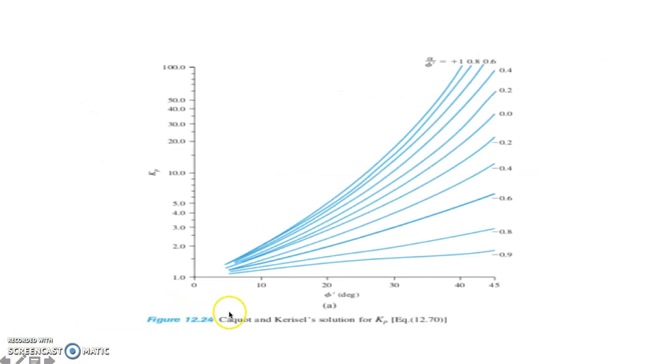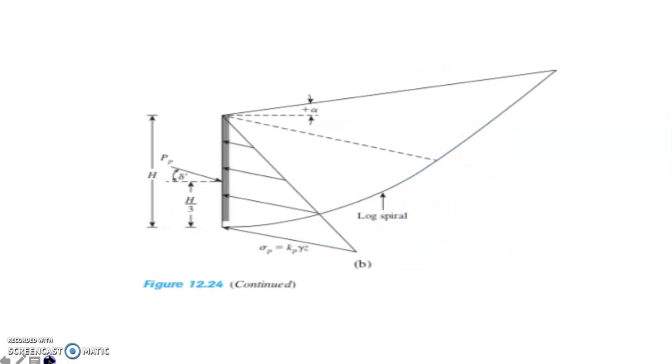This is also an illustration, a figure to determine the value for K sub P. You have to identify our phi prime and the ratio between alpha over K sub phi prime so that we can have the value for K sub P. And this is the illustration for the failure wedge of the backfill.